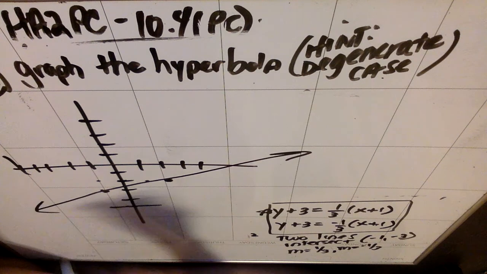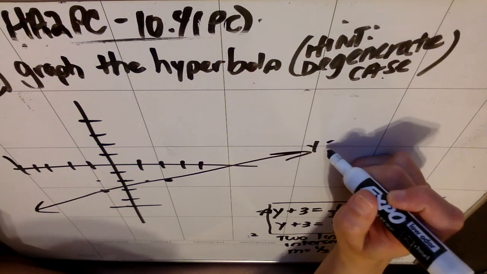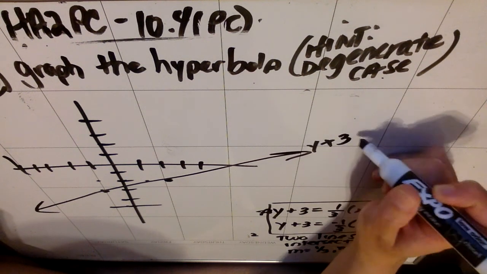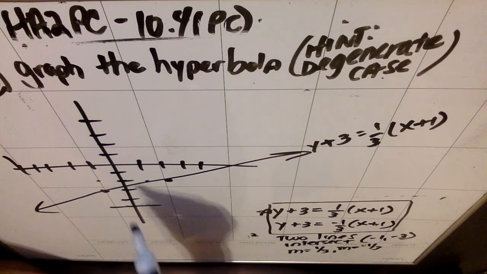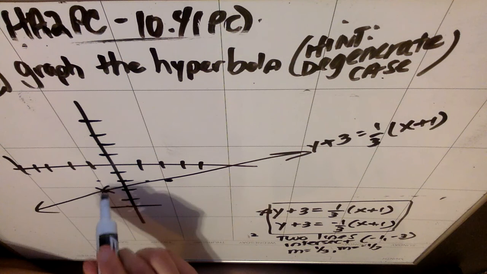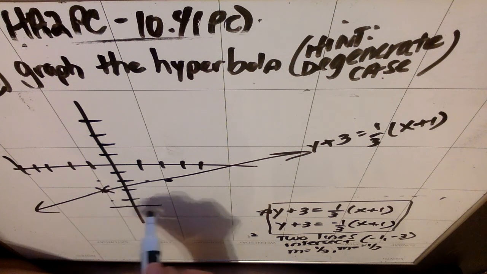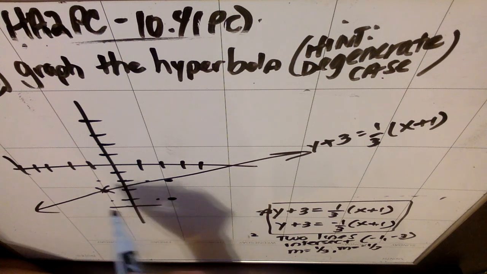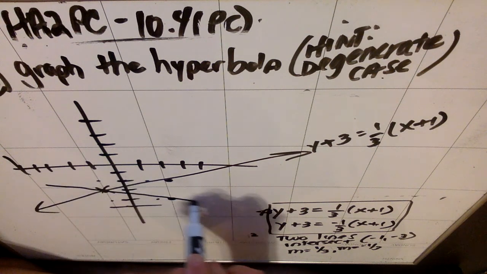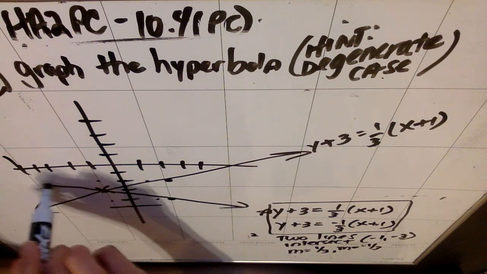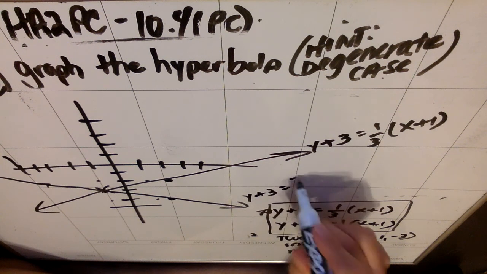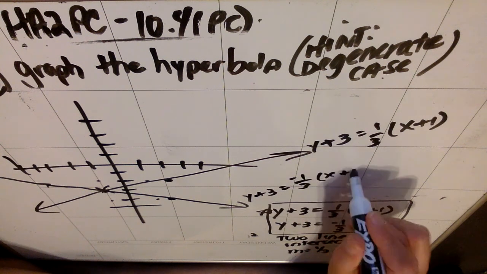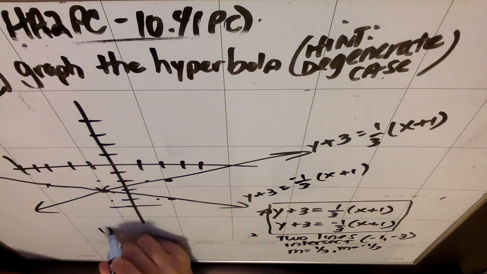I know I didn't do a great job, but this is y plus 3 equals 1/3 times x plus 1 in parentheses. And then from that same center, I'm going to have one that goes down 1, right 3. So I have the other line. So really what's happening here is the entire graph is the asymptotes, because this is y plus 3 equals -1/3 times the quantity x plus 1. So it's just two lines.